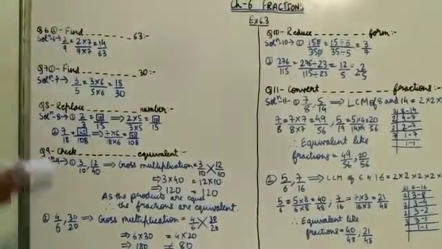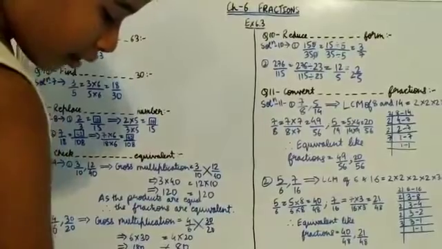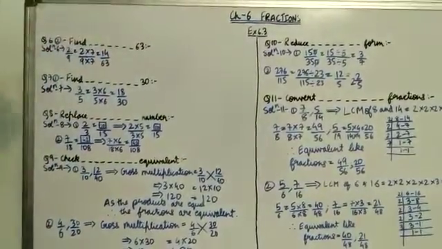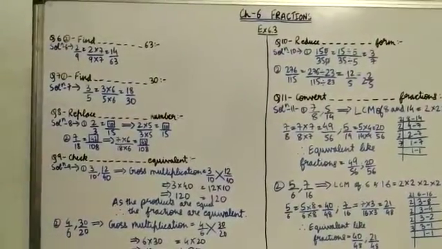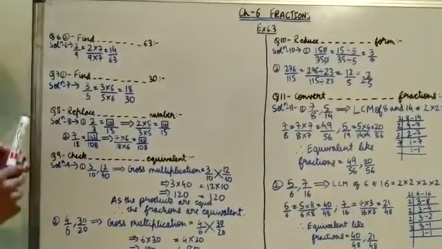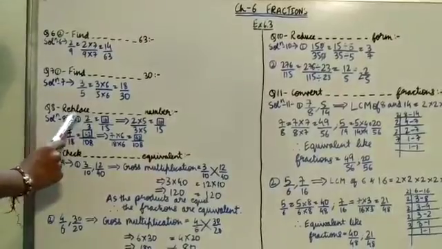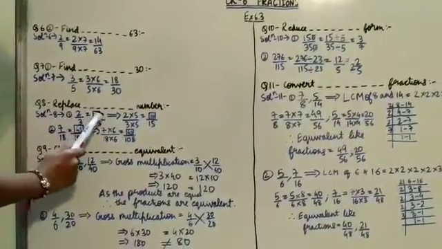Then question 8. Replace the box in each of the following by the correct number. So we have to replace the empty box in each of the following by the correct number. The first is 2 upon 3 equals box upon 15. 10 is the answer.